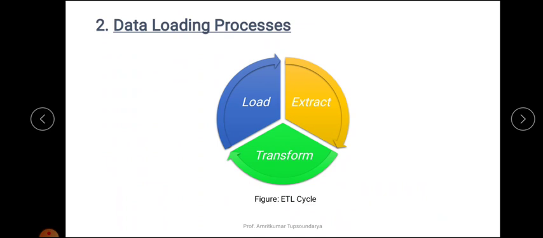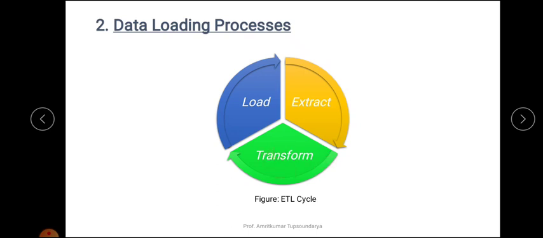So this is a 3-stage cycle, wherein the first stage is the extract, wherein the data should be extracted from the operational or transactional database sources, as well as from other applications, on a regular basis. And the second stage is the transforming. The data we have extracted from the first stage should be transformed.